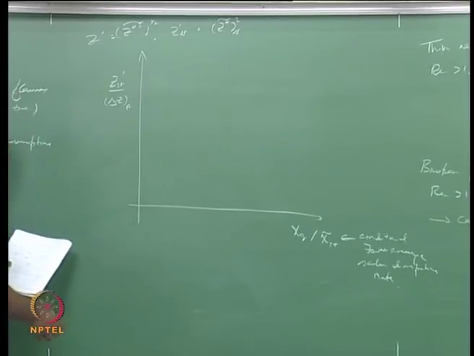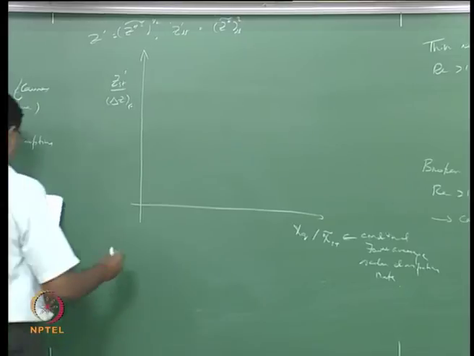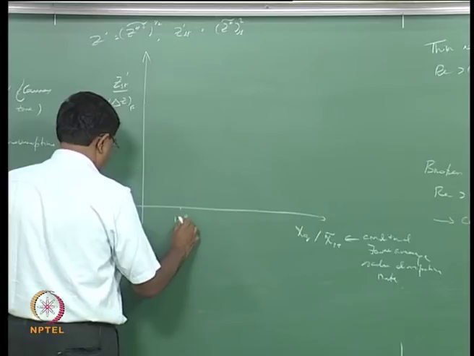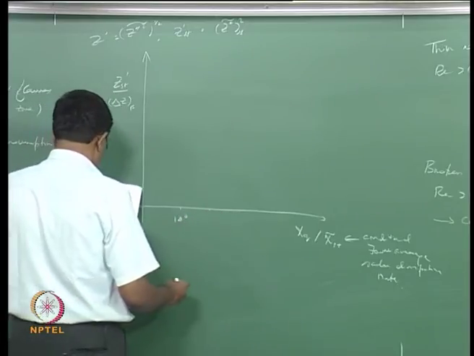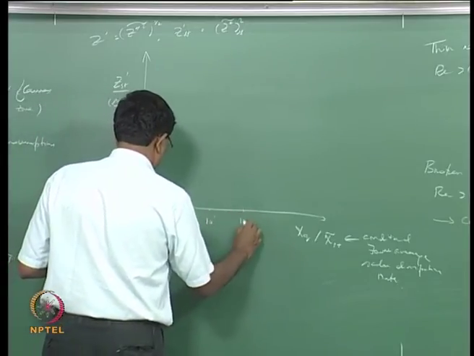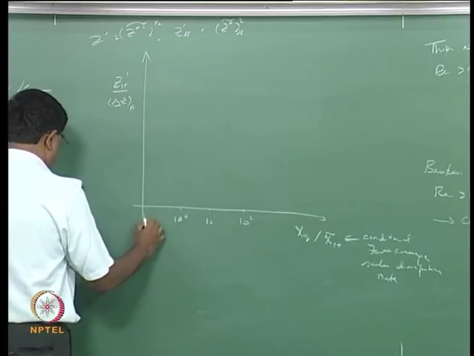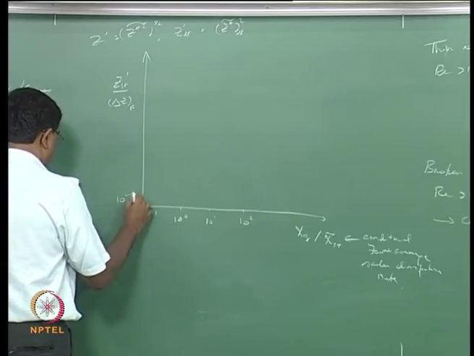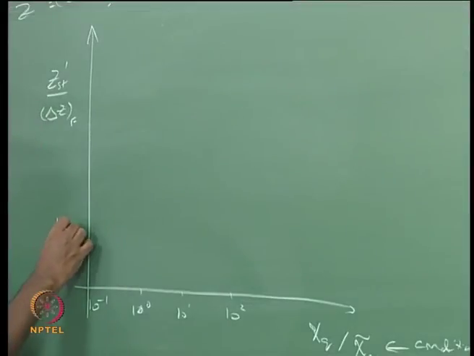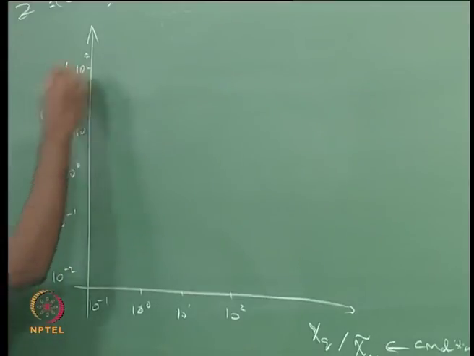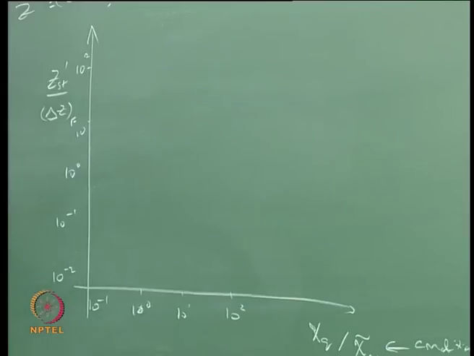Now let's put some numbers here, so we can say 1 or 10 to the 0, 10 to the 1, 10 to the 2 and so on. We'll start with 10 to the minus 2 on the y axis, 10 to the minus 1, 10 to the 0, 10 and 10 squared.